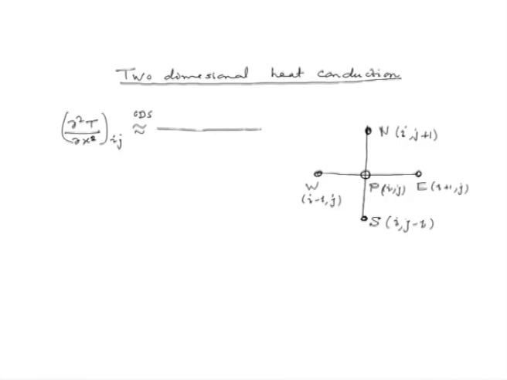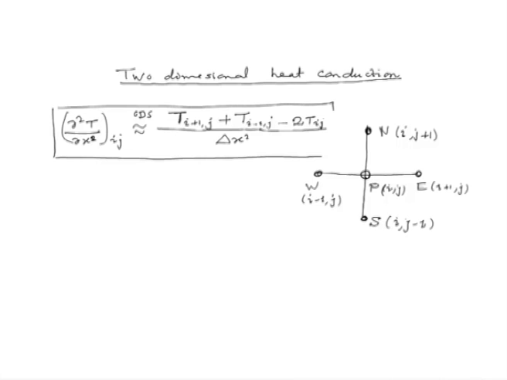P is our central node, and the values at W, E and P are the ones involved in approximating the derivative del 2T over del x squared. So, it is simply given as T i plus 1 j, the value at the eastern neighbor, plus T i minus 1 comma j, the value at the western neighbor, minus 2 T i j, divided by delta x squared. So, this is the approximation for the first second order derivative in our governing equation.